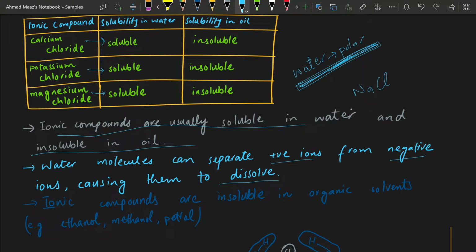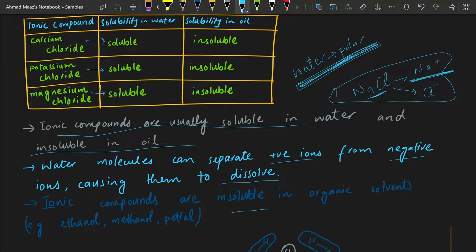Water has the capacity to break this into Na positive ions and chloride ions. So this is the property of water, that it breaks down the ionic solid into its ions, and this is dissolving. When they are separated, they are dissolved.